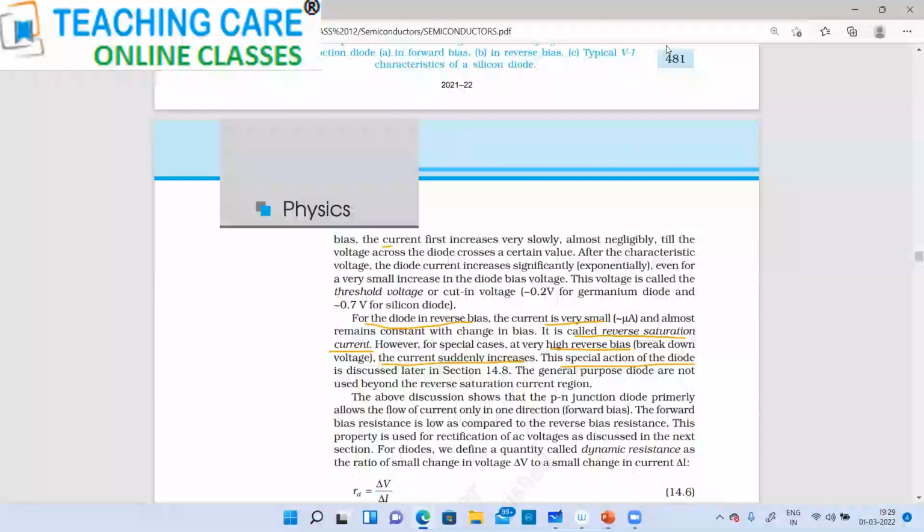In this case, the current increases very slowly, almost 0, then it starts increasing rapidly. But in this case, a small reverse current is there. If we cross the breakdown voltage, the current increases rapidly. Underline everything.